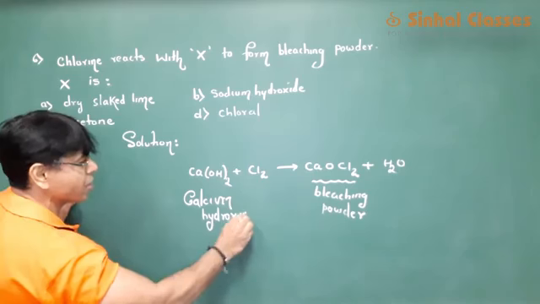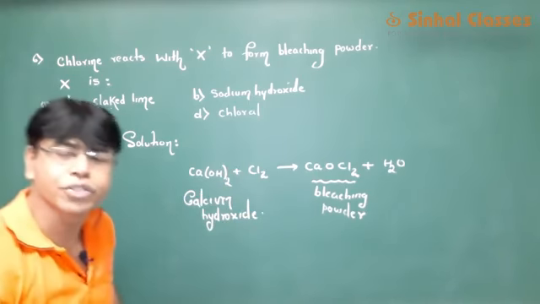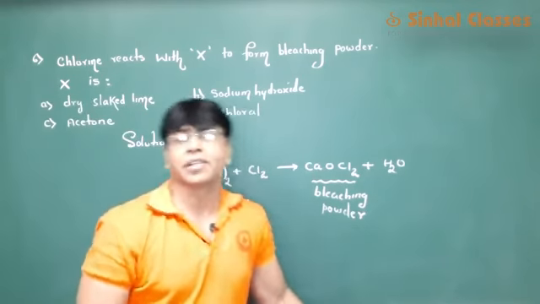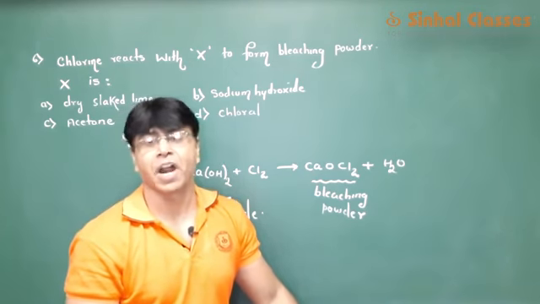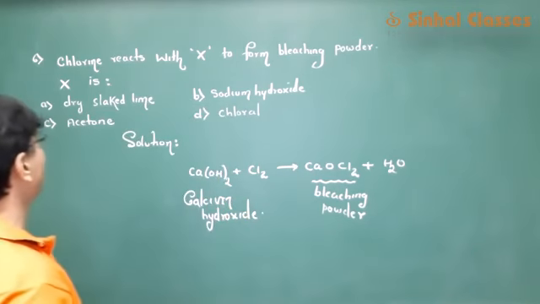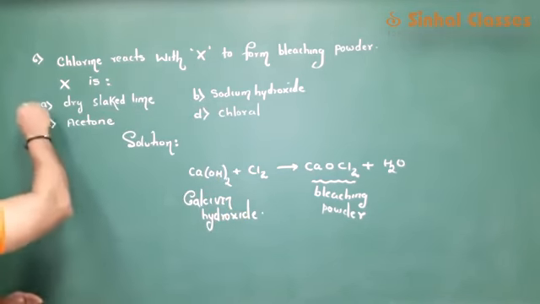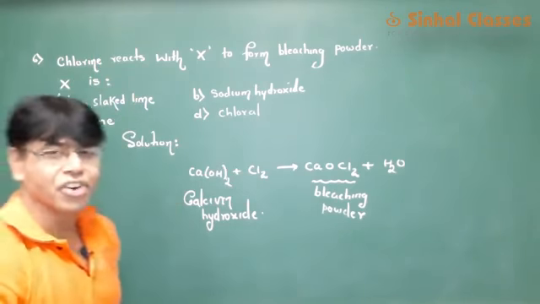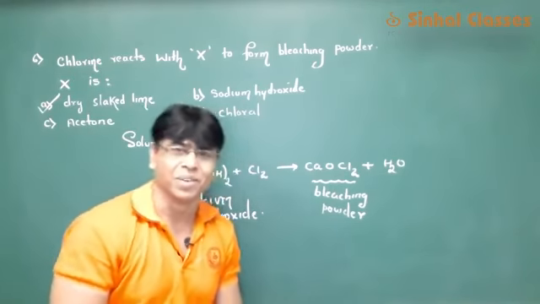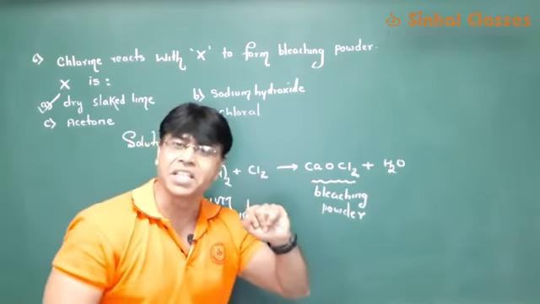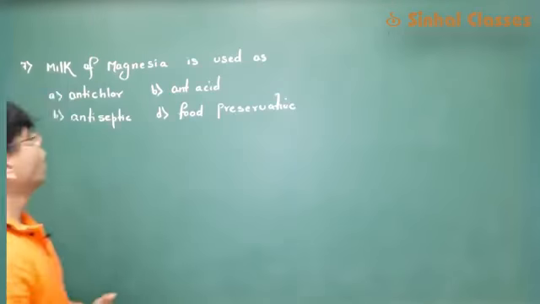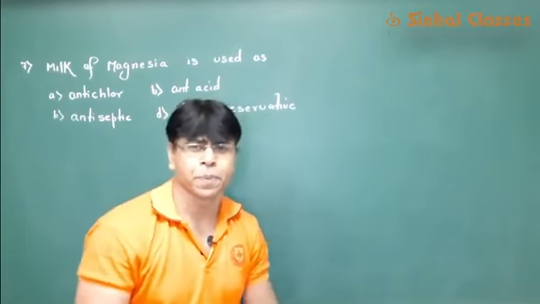Now this calcium hydroxide is also known as slaked lime, dry slaked lime. So your answer for this question will be A, that is dry slaked lime, from which we can prepare bleaching powder. Okay, let's see this question.